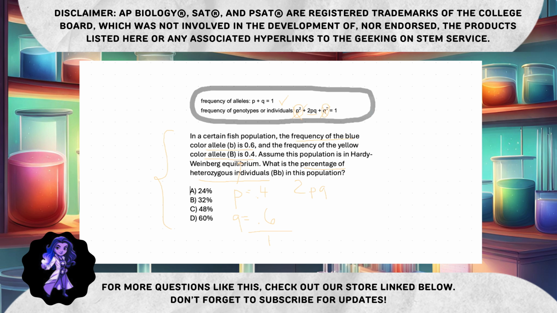So doing a little bit of math, you want to go ahead and multiply all of them out to get 2 times 0.4, because that's what we have for the P, times the Q, which is 0.6, and if you type it in your calculator, you get 0.48.